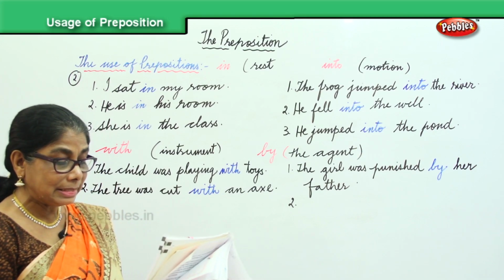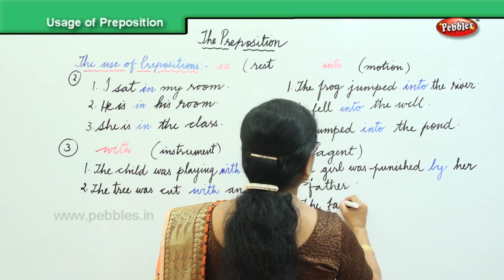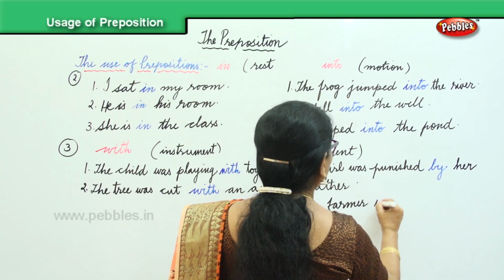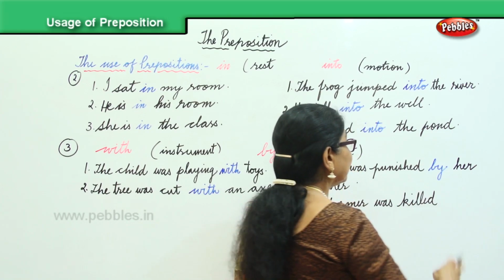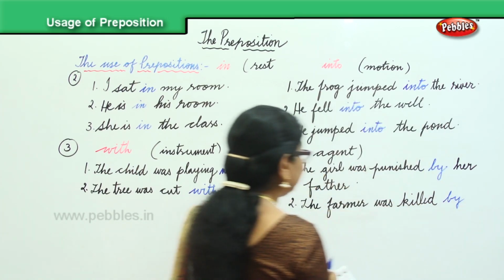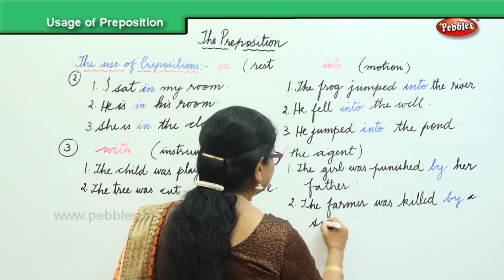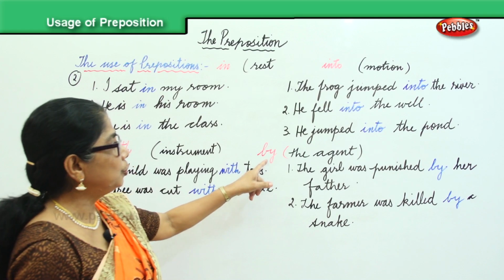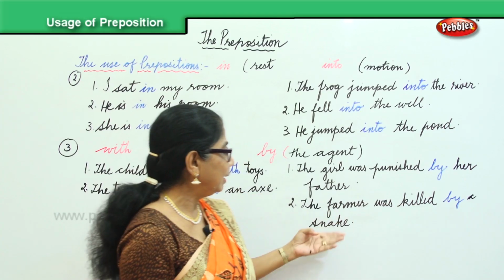The farmer was killed by a snake. So, which is the agent? By is used when there is an agent. That is, punished by father, killed by a snake.